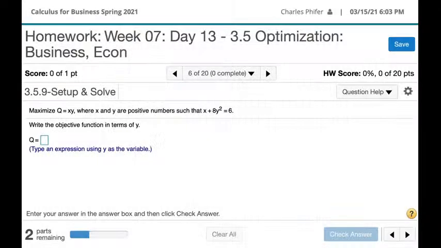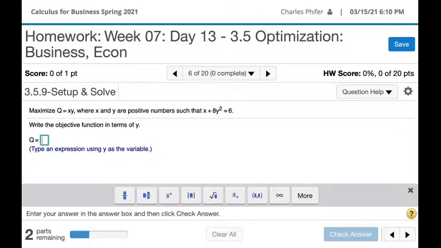Okay. Type an expression using y. Write the objective function in terms of y. Yep, that's exactly what we did. We found q in terms of y. Let's use this line. So we have, I'm going to say 6y minus 8y cubed.